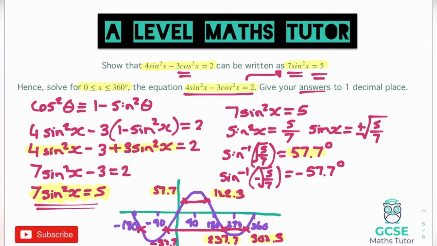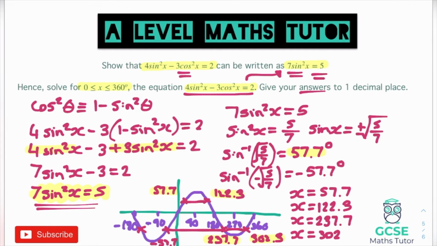We would say that x is equal to 57.7, paired with that x is equal to 122.3 on the top part, and then down the bottom we had x equal to 237.7, and matched with that on the right was 302.3. These are all degrees, so we would put degrees with all of them, and there we go, they would be our four answers for this question, all given to one decimal place.